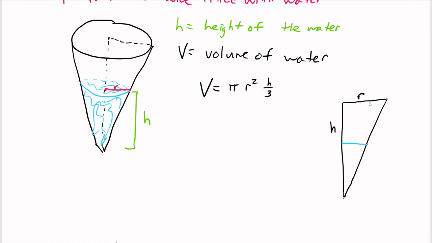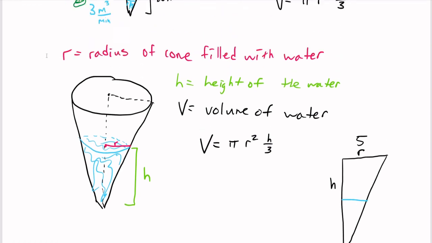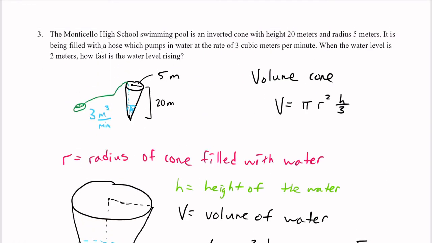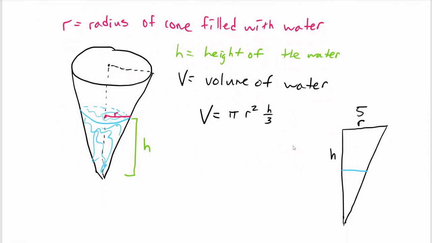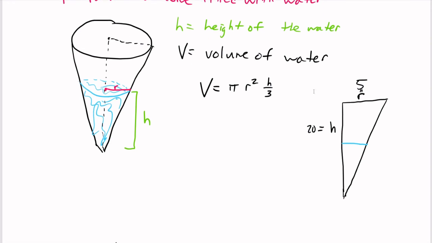So this R is the overall big one, which for us was 5. The height was, again, the overall big one, which was 20 meters. It's 20 and 5. And because it's similar triangles, this little triangle to the big thing, what we end up knowing is that the ratio of the radius and the height is the same for both triangles.